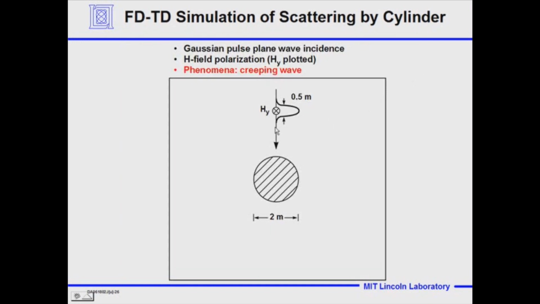Now if we take an example where the magnetic field is plotted into the paper and the electric field is out this way, we're going to see a creeping wave go right around both sides and come back out.